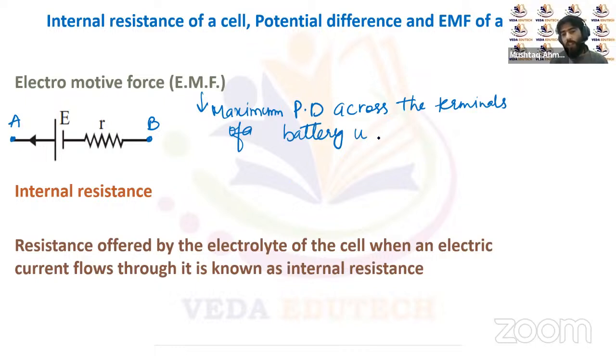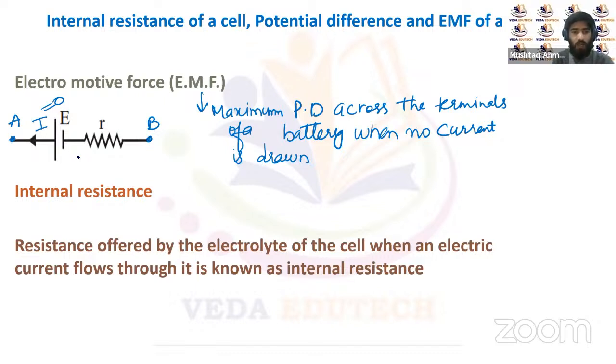That's what we call the EMF of a battery, when no current is actually drawn. So in this case, the current I drawn is equal to zero, and then the maximum potential drop across these two ends of the battery will be E. That is what we call the EMF.